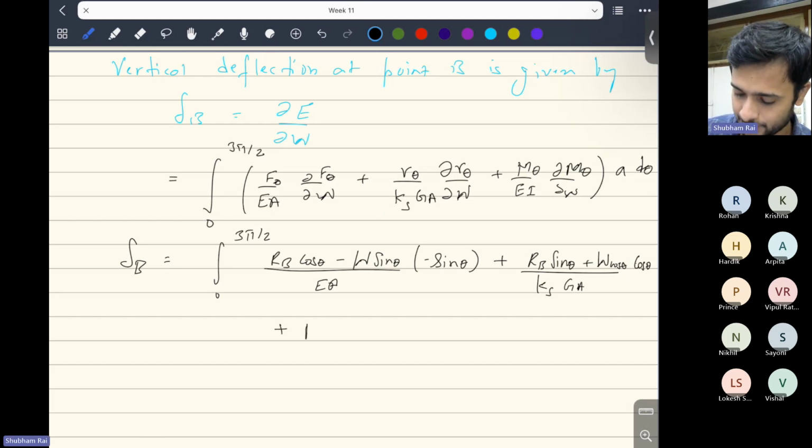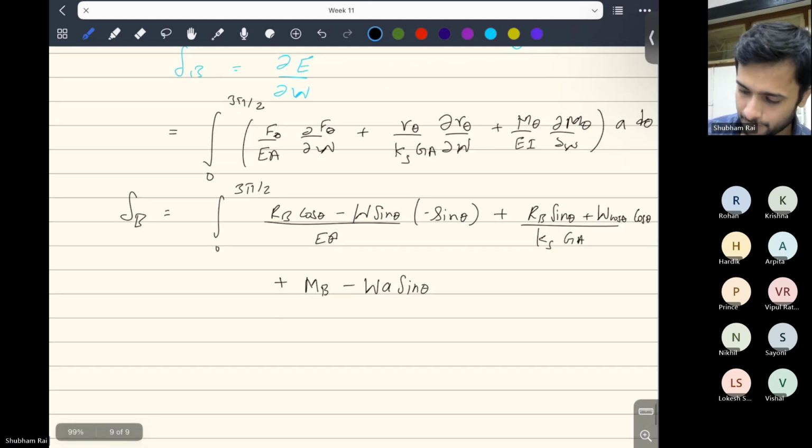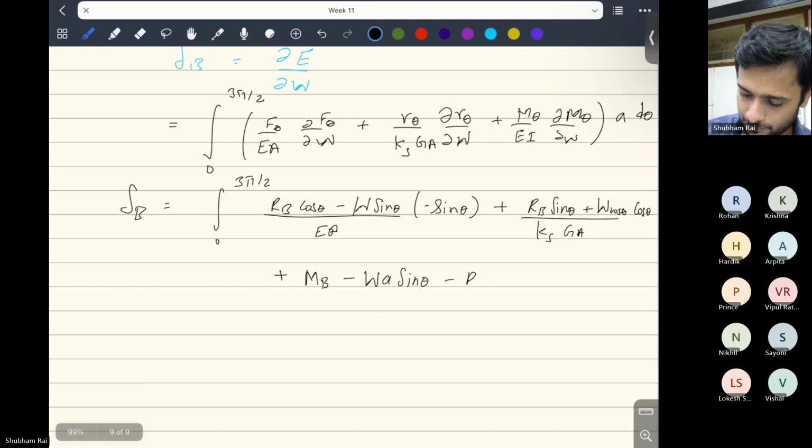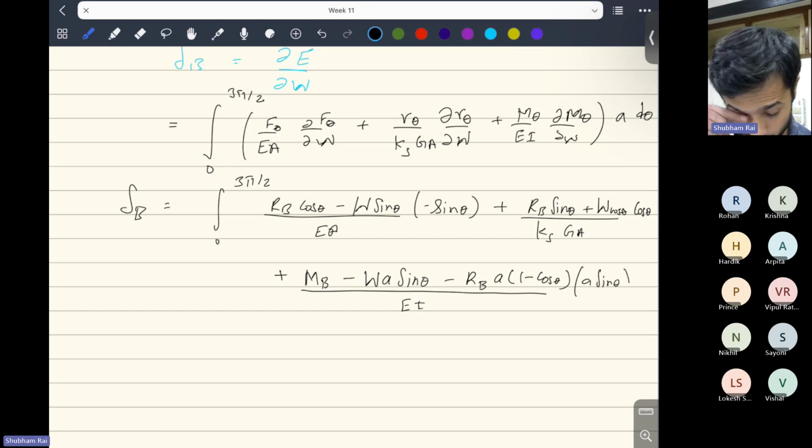Plus M theta over EI, so that is MB minus WA sin theta minus RB A (1 minus cos theta) over EI, and that is A sin theta, and this whole thing will be multiplied with A d theta.